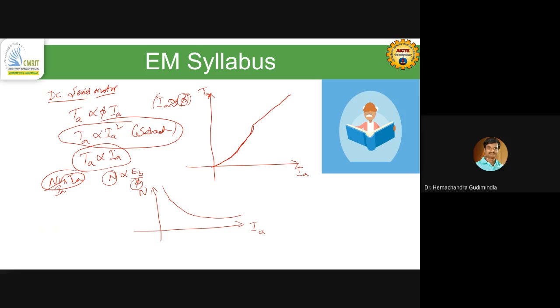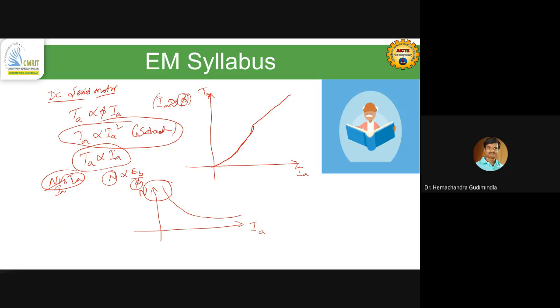Now the DC series motor is like a variable speed motor. If you look at the no load condition, or we can say light loading condition, the speed is dangerously high, right?